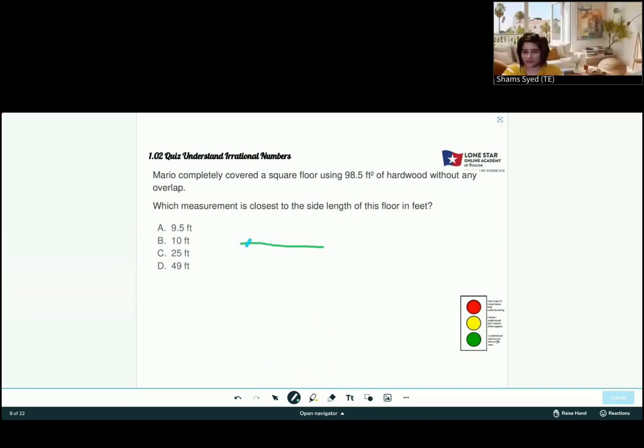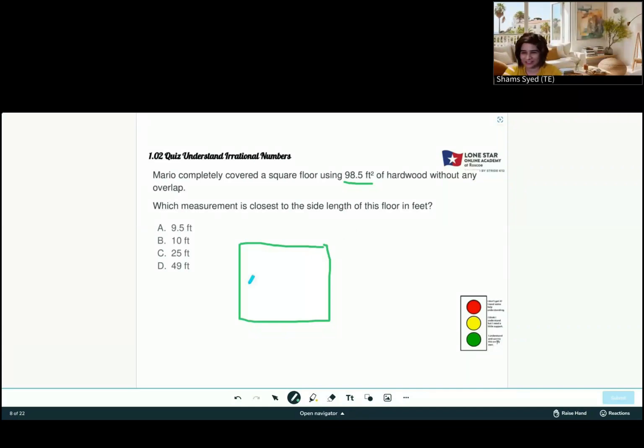Well, if you cover a square with 98.5 square feet of hardwood, what are we talking about? Evan, no problem. 98.5 square feet. What is it about the square? If we cover a square with hardwood, we are talking about area.